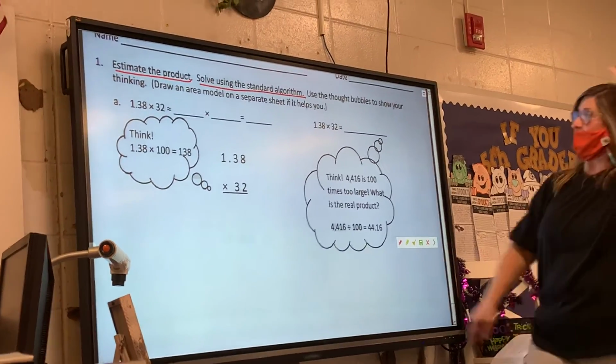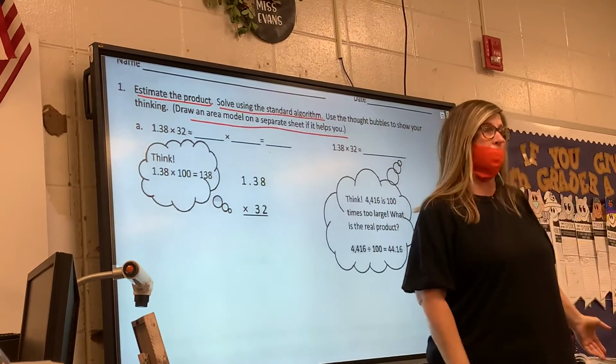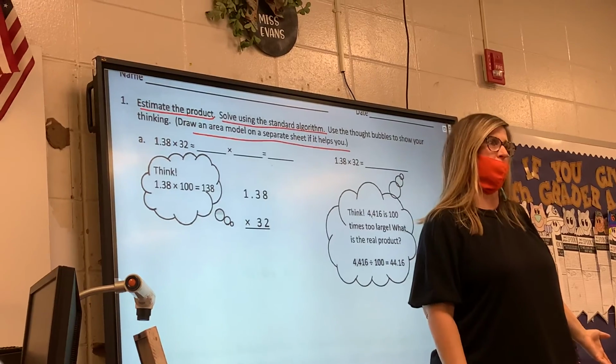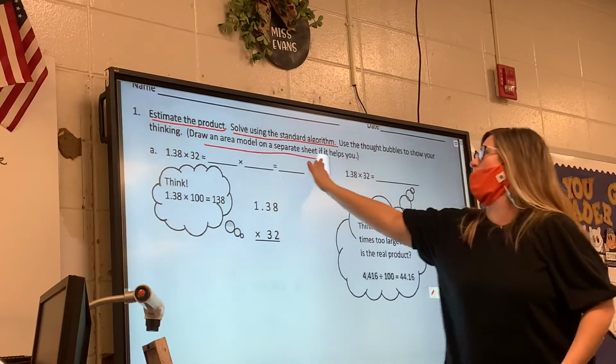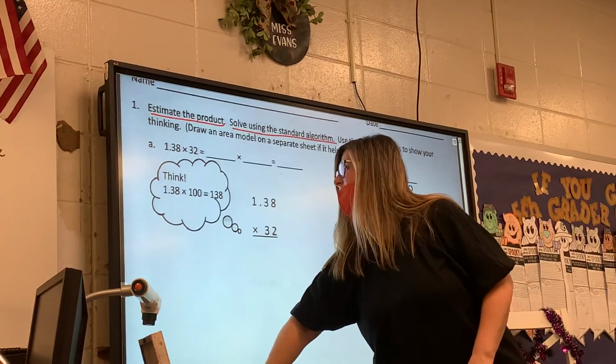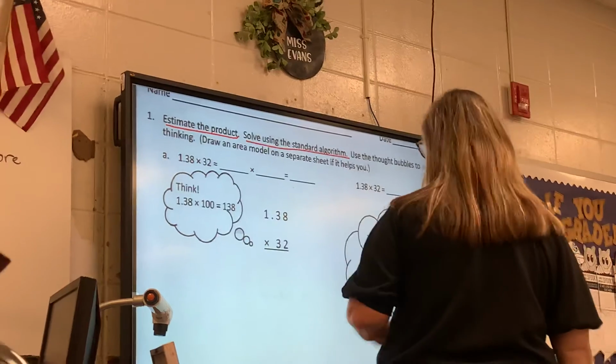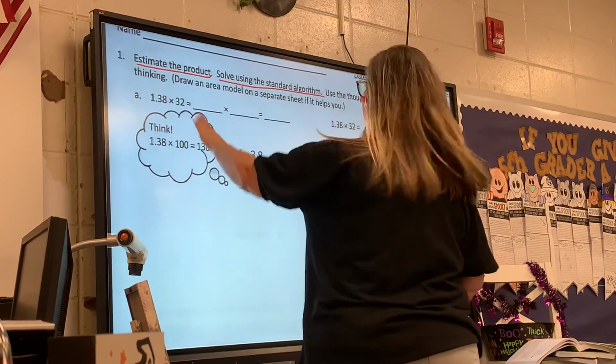Okay. And it says if you have to draw an area model on a separate sheet, you could. But do we need to, or do we know our standard algorithm? And it's much less what? Work. Okay. All right.